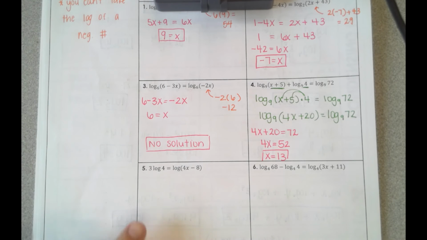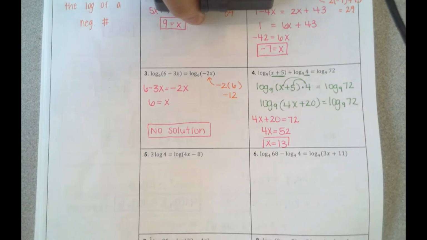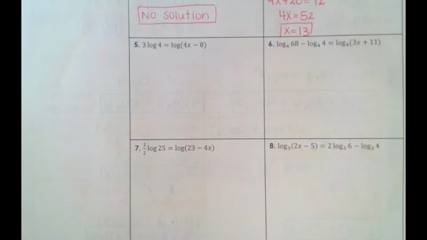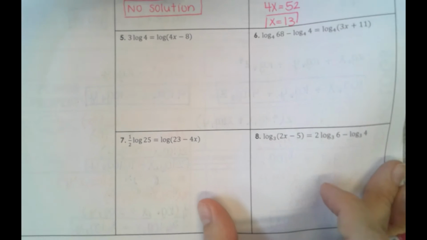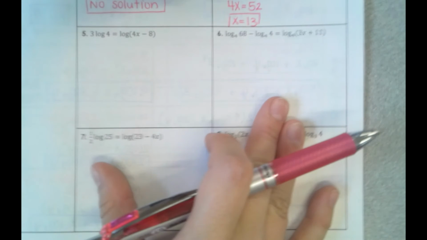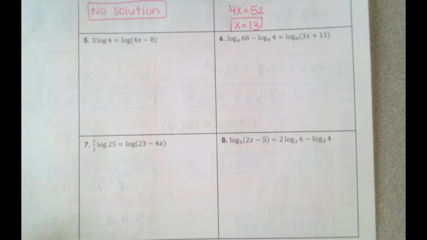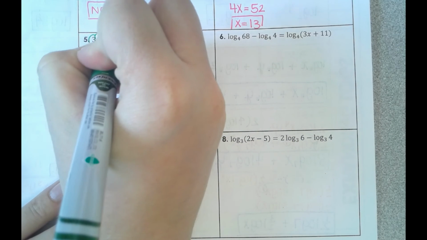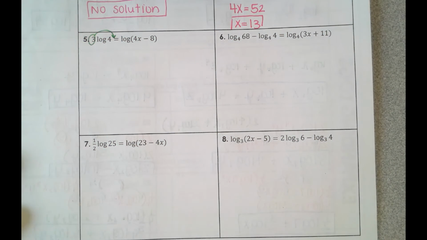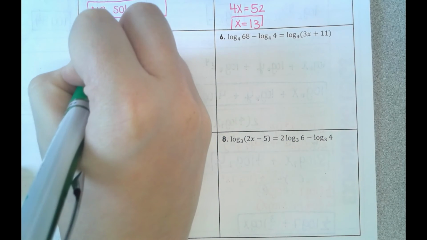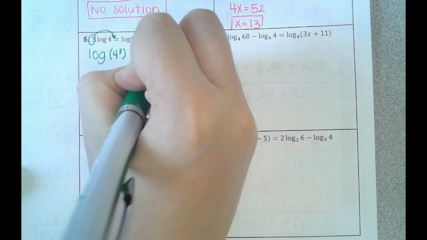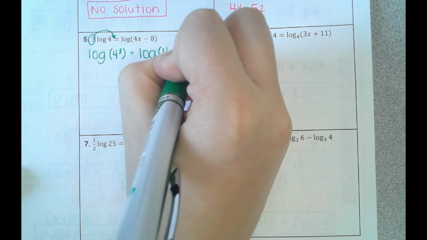All right. Number 5, it looks like it's completely condensed, but it's not. What about number 5 makes it not completely condensed? The 3 in front of the log, and that becomes, I heard it, the exponent. So this 3 becomes an exponent. So it's log of 4 cubed equals log of 4x minus 8.